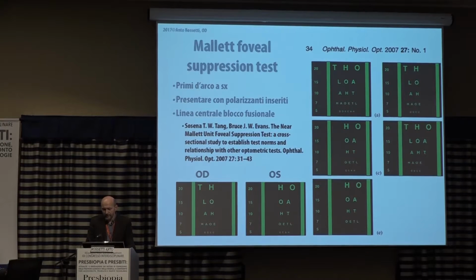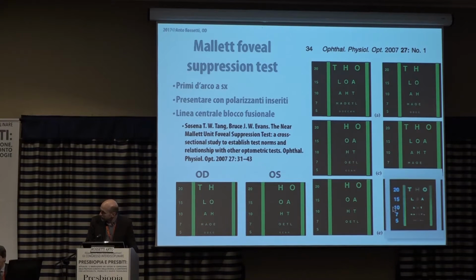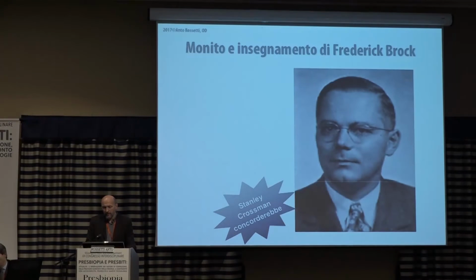This is the Mallett foveal suppression test. This test allows you to quantify the suppression field. This is the true test, and this is a simulation where the subject may miss some symbols or letters, so the suppression area is small.